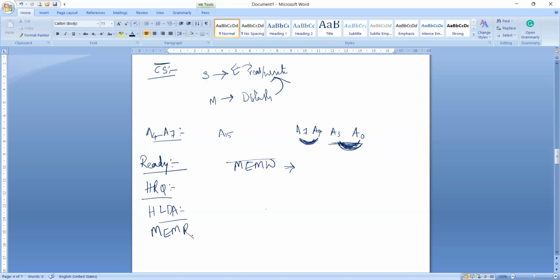And ADSTB is another signal which is used to latch the high byte of the memory address generated by the DMA controller. Next, the AEN signal will be there.